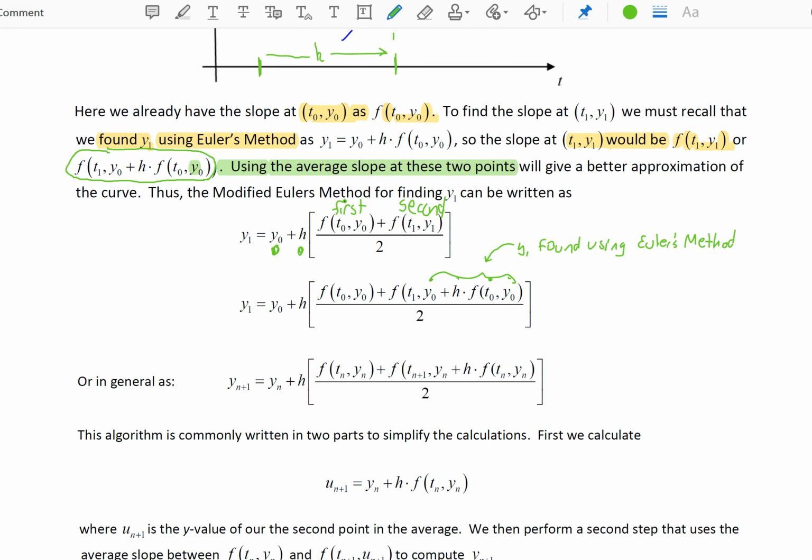In general, y_{n+1}, so your next point, is going to be found by looking at yn, your initial point, plus h times the average of your slopes at tn, yn and t_{n+1}, y_{n+1}.